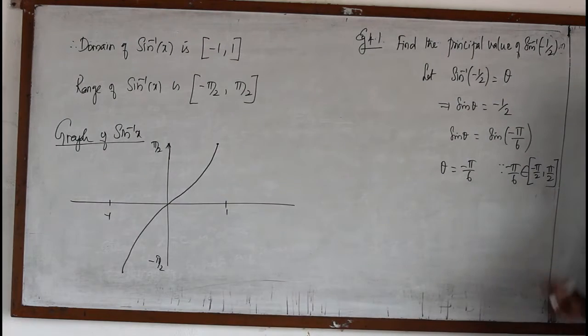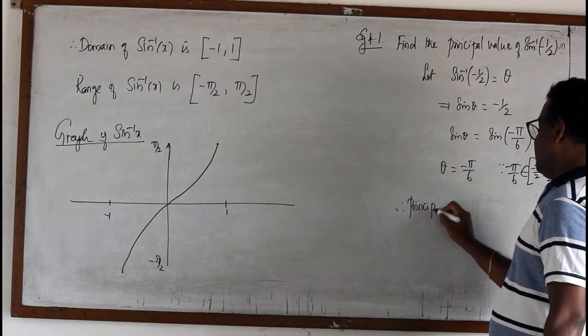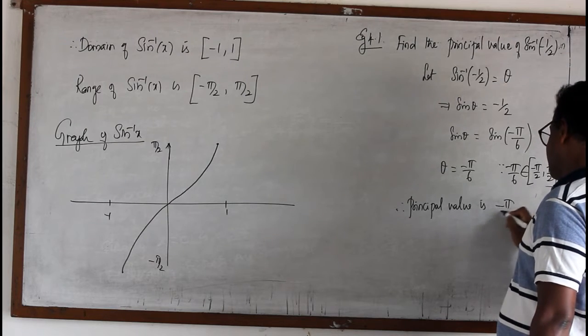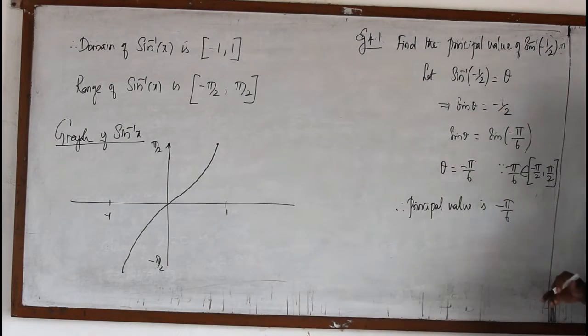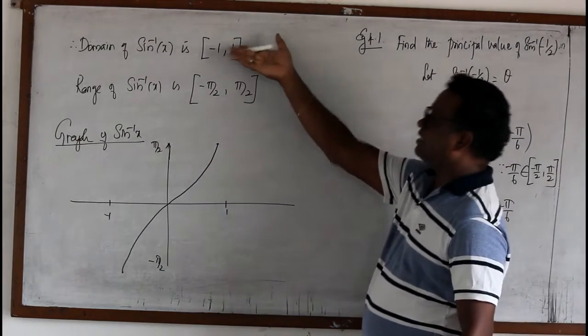Therefore, the principal value of this angle is minus pi by 6. Whatever angle we find must lie in the range, and whenever we take some value to find something, that value must exist in the domain.